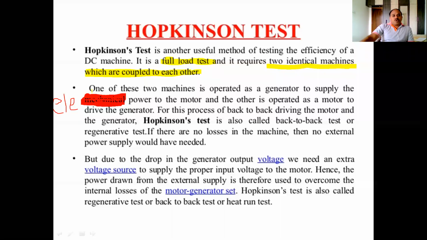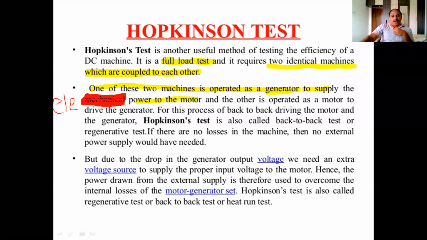One machine acts as a motor, the second machine acts as a generator. This generator supplies electrical power to the motor. That means the generated electrical power is supplied to the electrical motor.